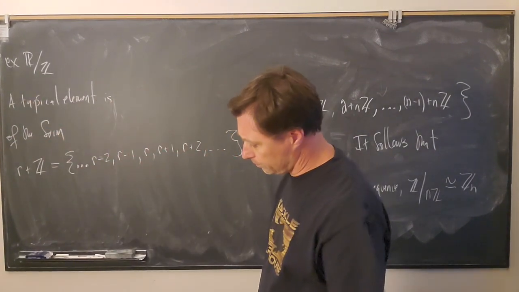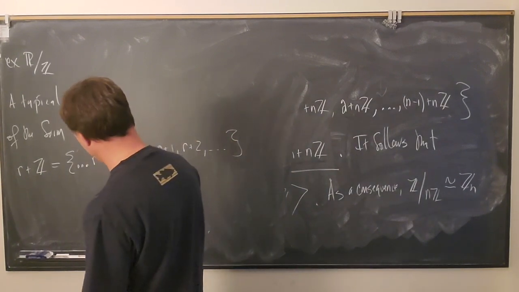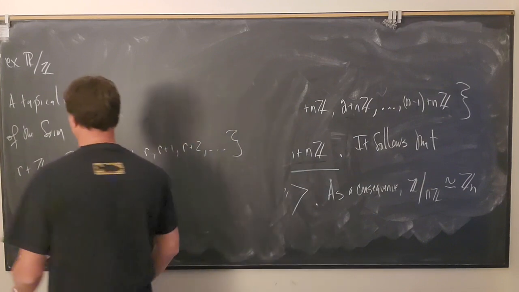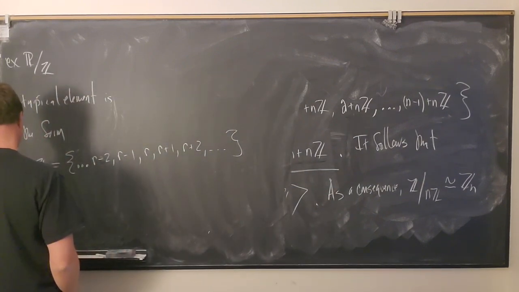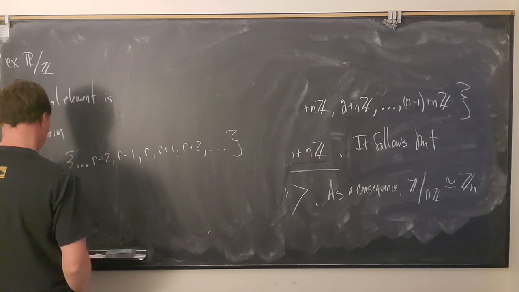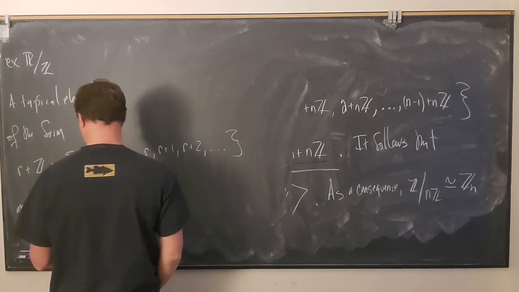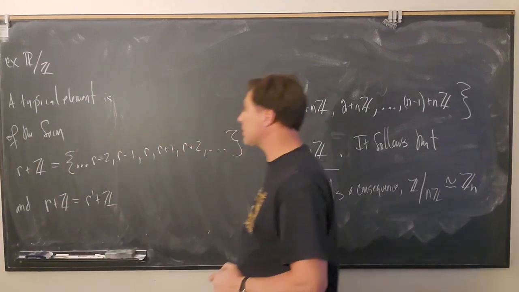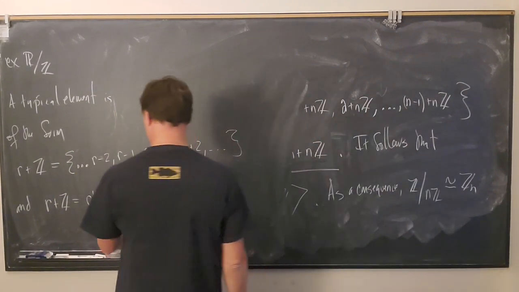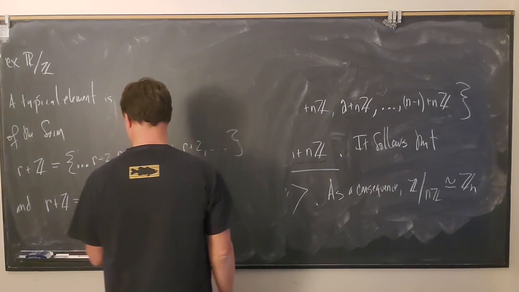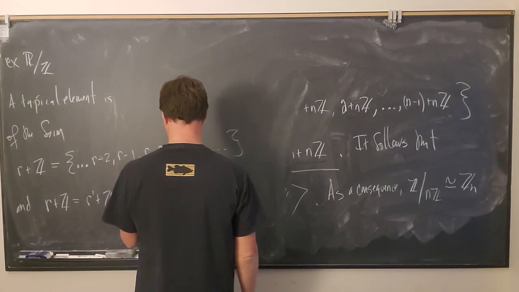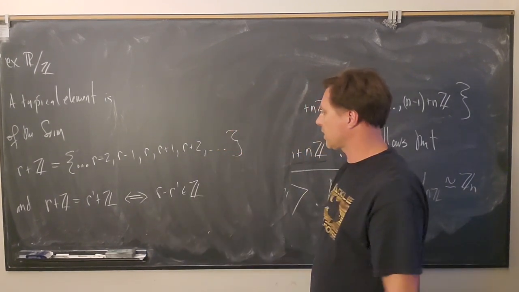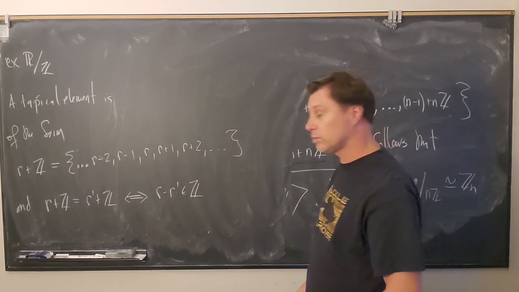Now I guess we should think about what it means for cosets to be the same. We can say r plus Z is equal to r prime plus Z if and only if r minus r prime is an element of Z. There's the typical way to decide whether two cosets are equal.